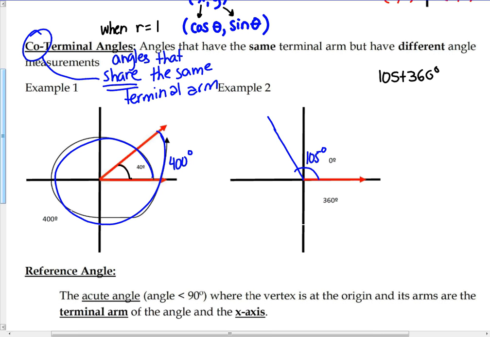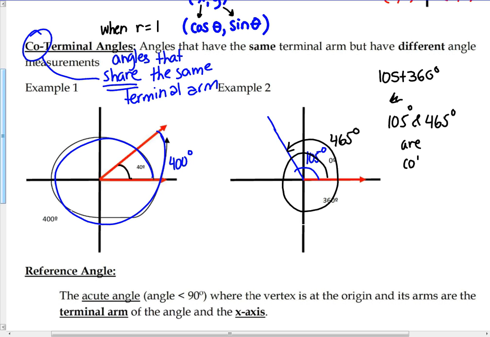So if we add 360, we go around once and then back to 105. So 360 plus 105 is 465. So 105 and 465 are coterminal. How many coterminal angles could we come up with? Infinite, right? We can keep adding 360.